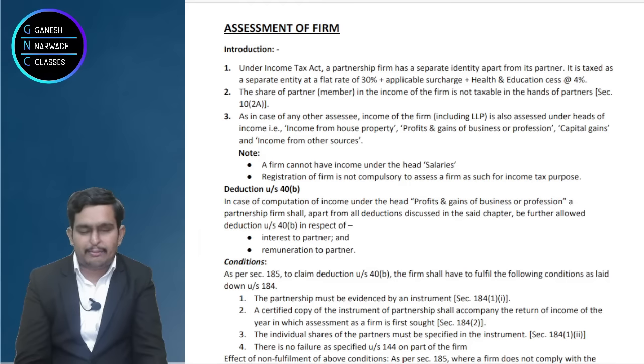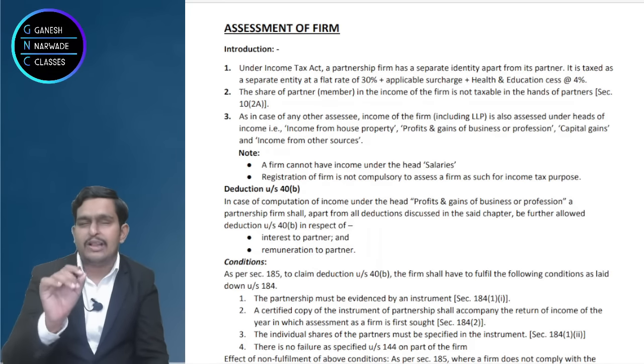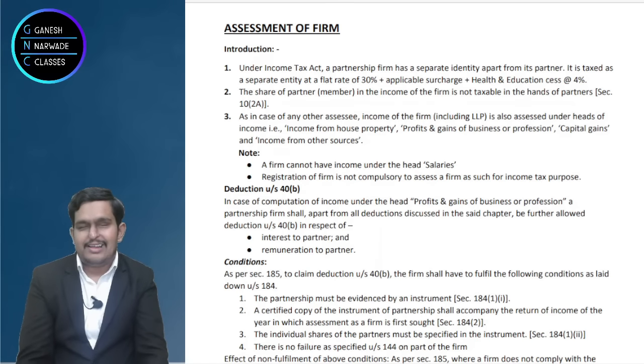Under the business head, that is PGBP, section 30 to section 37, there are a lot of deductions. Like any other business, a partnership firm will also get all the benefits of deductions. And you already discussed all these deductions in PGBP, that will be claimed for sure.